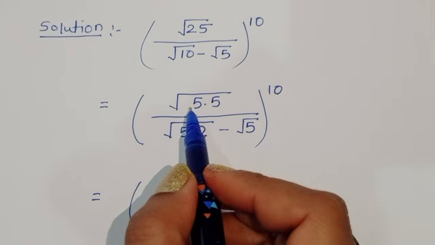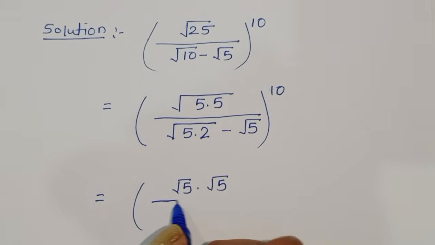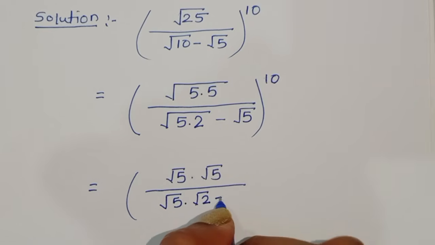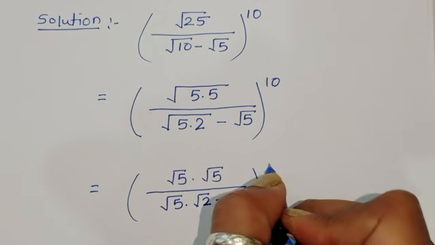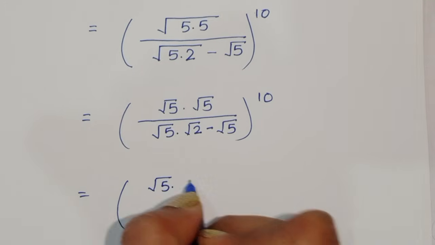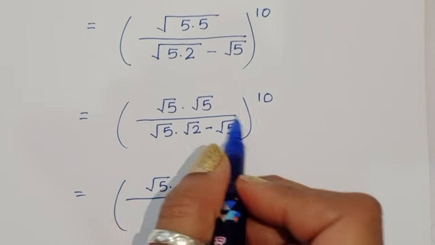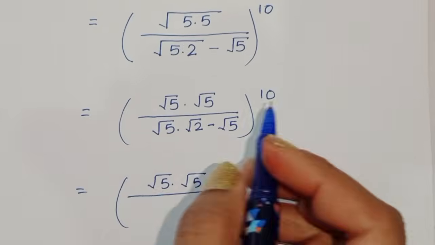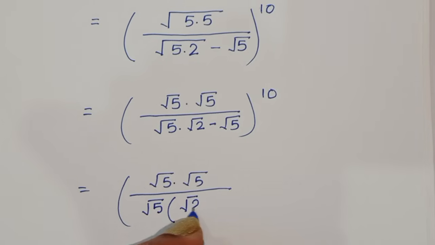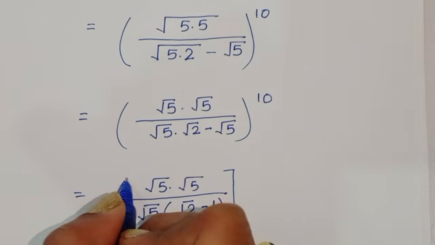We can separate this term because we know that square root of a times b is equal to square root of a times square root of b. So it is square root of 5 times square root of 5, divided by square root of 5 times square root of 2 minus square root of 5. We can take square root of 5 common, leaving square root of 2 minus 1, to the whole power 10.